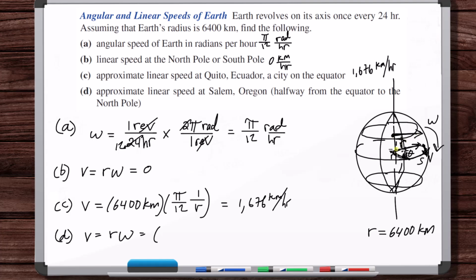Halfway from the equator to the North Pole. To actually get this radius, I'm just going to say it's half of this here. So 6,400 divided by 2, that's what we're going to use.